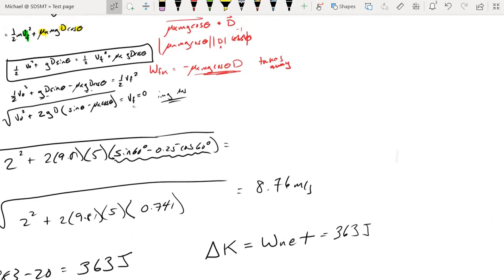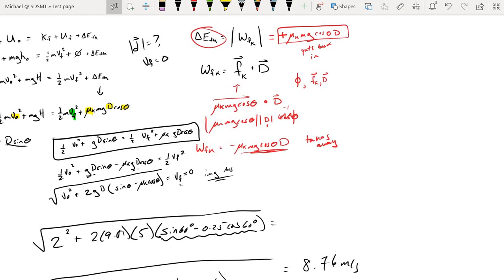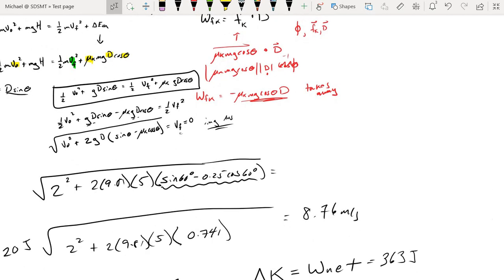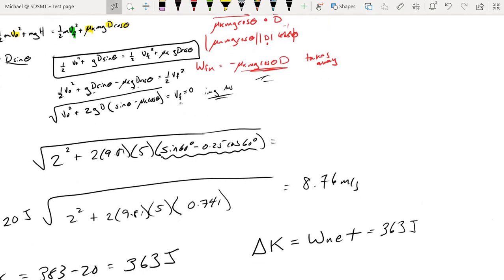Now, if we compare that to the work that was done by friction, friction does negative work. Friction always does negative work.